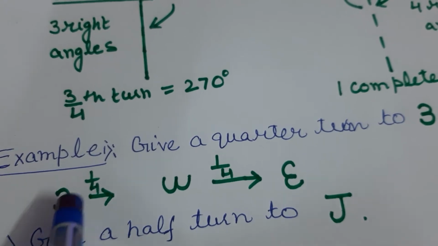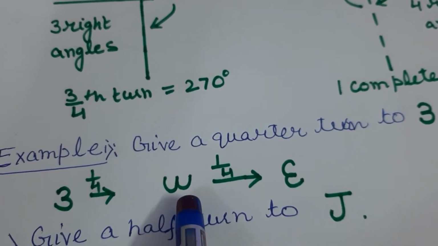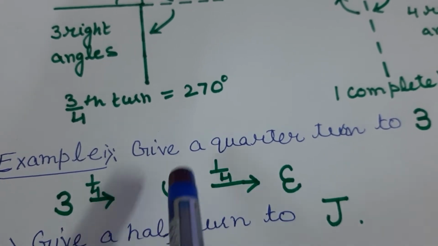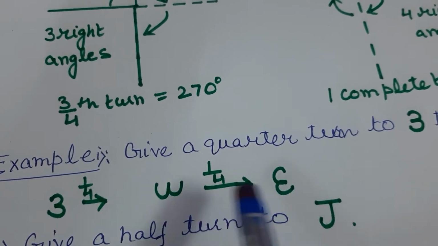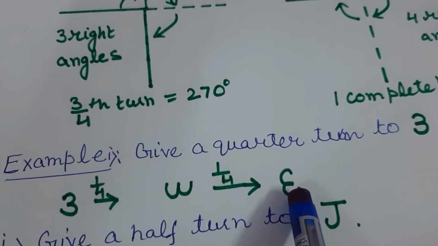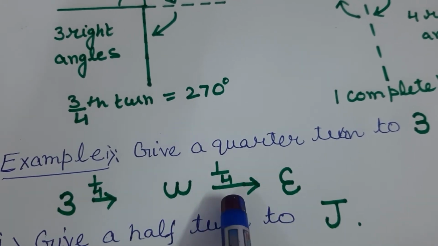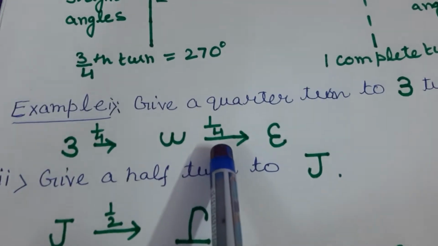We'll turn this picture to 90 degree angle, means next position will be this one. Okay, so again I'll give 1/4 turn to this picture only, so it will become like this, 90 degree. So 2 1/4 turns.